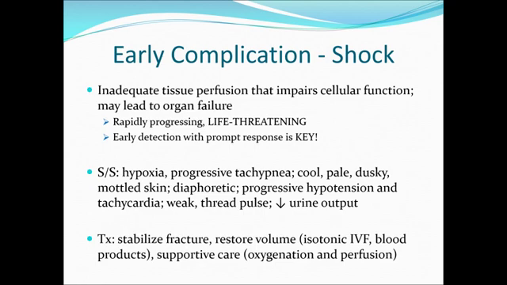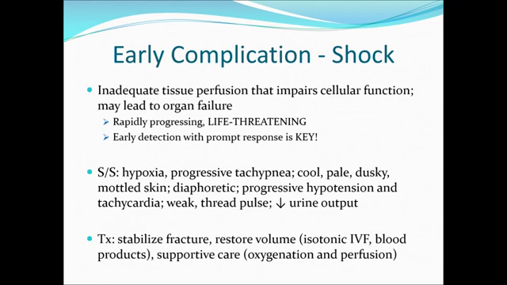If your cells do not have oxygen, they do not have glucose that is brought to them by the blood, by circulation, those cells cannot make ATP, which is the cellular energy. The cell cannot function. The cell will eventually die. So that's really what it's about. And if you're not getting adequate oxygenation and perfusion to the cells, that can lead to organ failure.